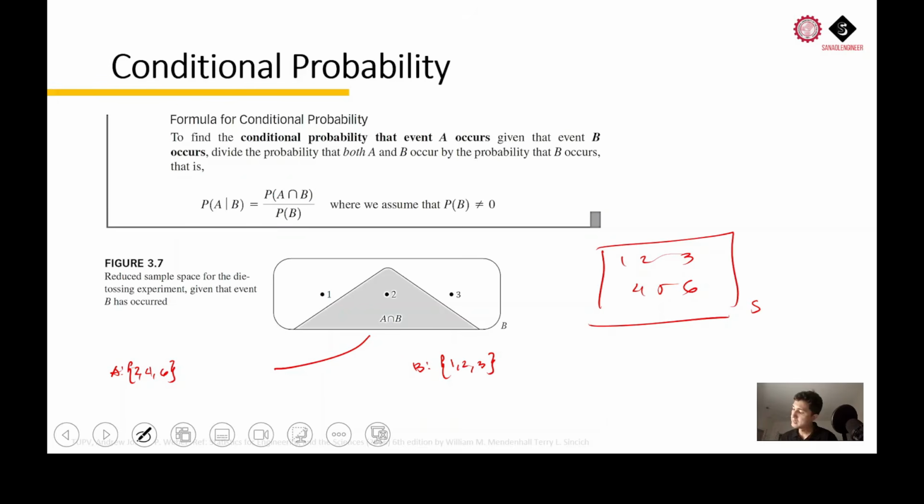So what A intersection B would result to is of course the intersection of this and this. And the only single event that occurs in A and B is the event 2. So the outcome of this event is of course only the event 2.